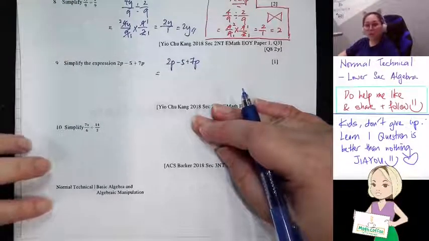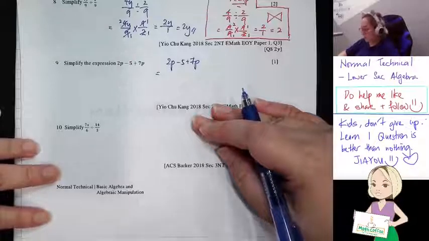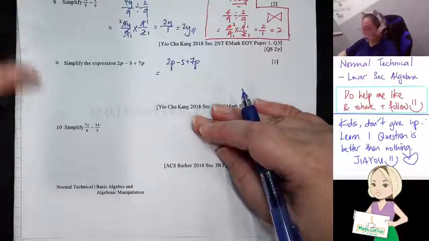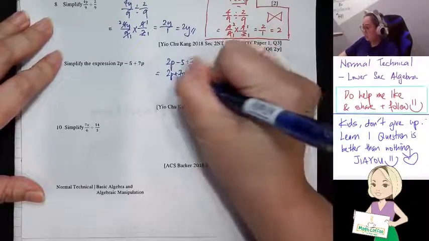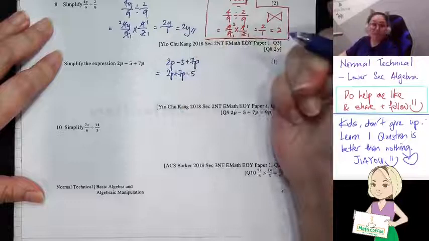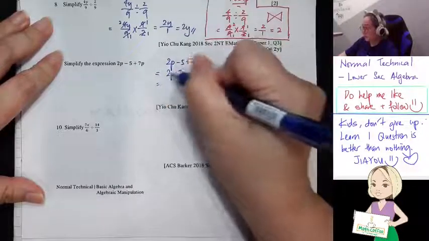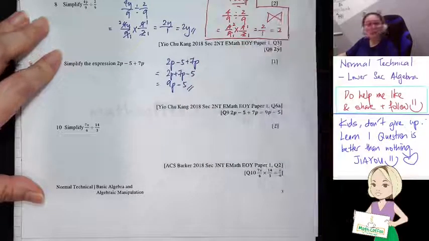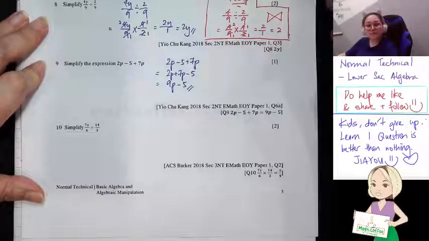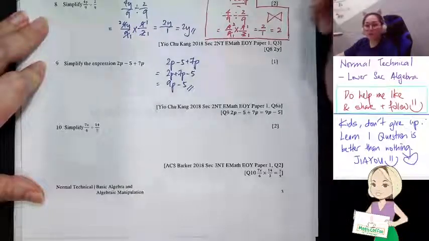Okay, this should be simple. 9p minus 5. Yes, okay. So you will write it as 2p plus 7p first because they are like terms. Then the minus 5 got no friend, put it behind. So 2 plus 7 is 9, so it's 9p minus 5. Yay, 9p minus 5. Well done, well done.